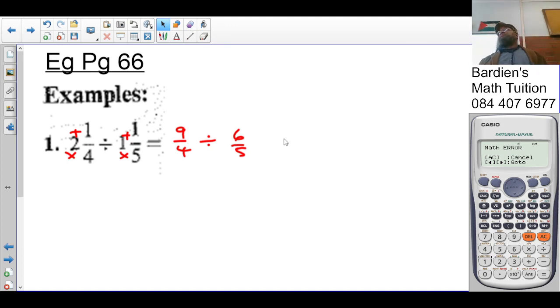Who said LCM? On that side. We only find an LCM when we are adding and subtracting. That's the only time we find it. Okay. So this here, what are we going to do? Tumble and times. So do your thing. You tumble and times, and we have to simplify before we multiply.